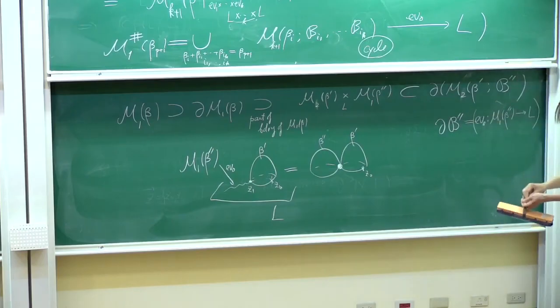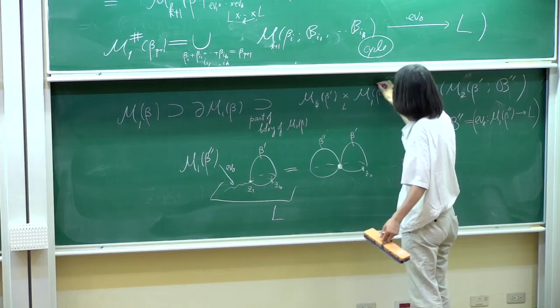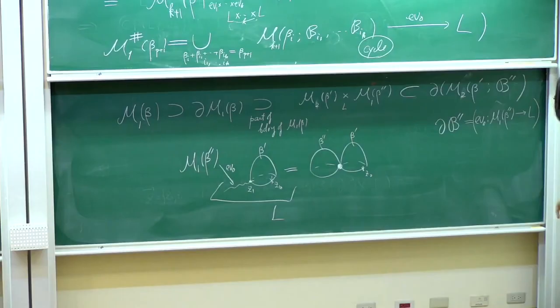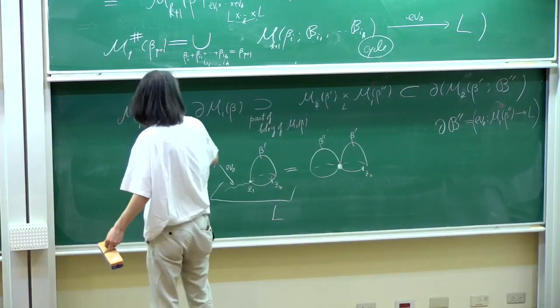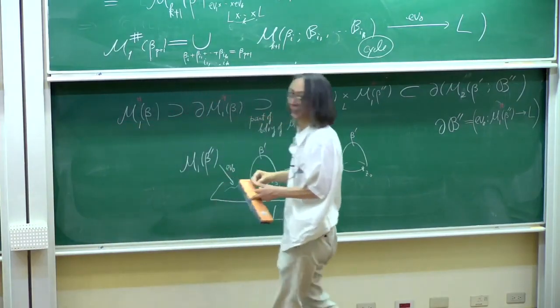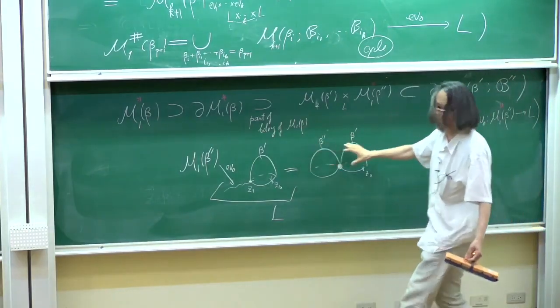So this is not really precise. But if I put a sharp here, and then this one, yes, I assume that this is a cycle inductively. So if I take a sharp here, and I take a sharp here, this picture is just without sharp.